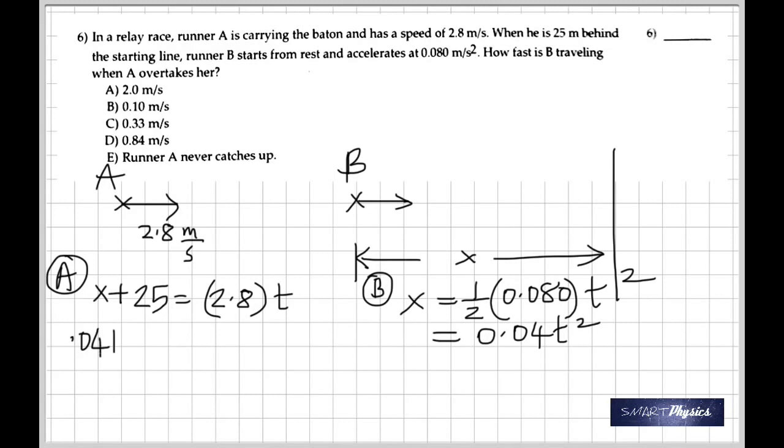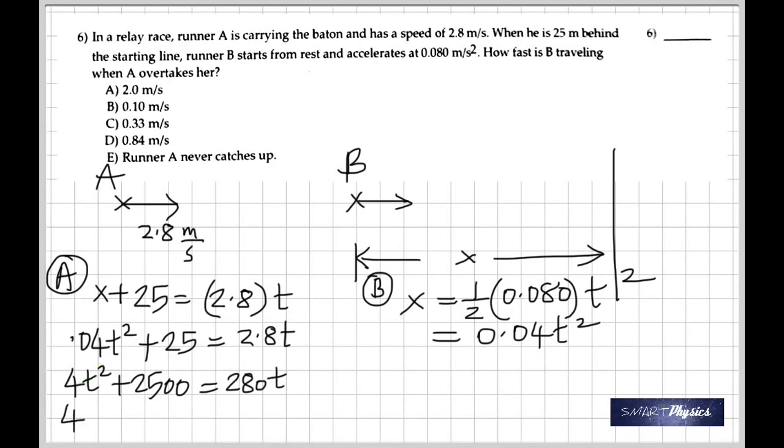So we have x as a function of time, substitute that into this. And you have a quadratic equation. I've multiplied throughout by 100 just to get rid of the 0.04, to make it 4.